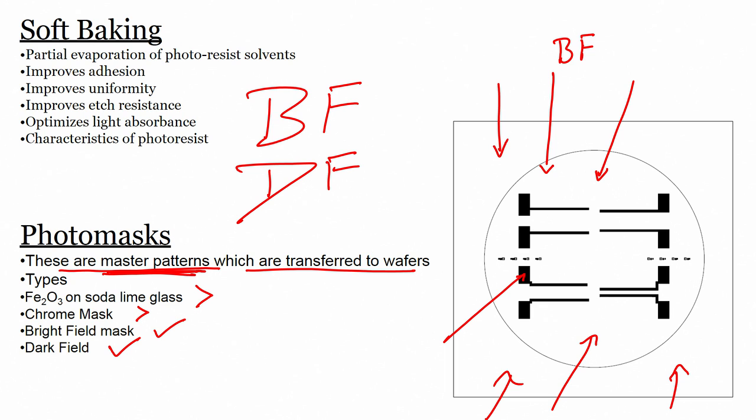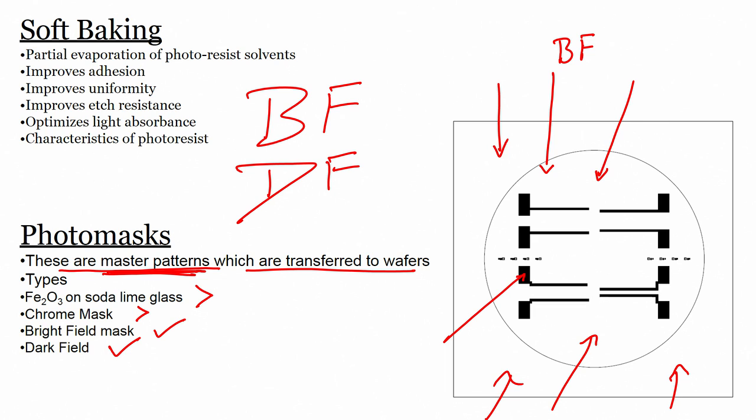So, for now let us understand what we have seen. We have seen that we can perform photolithography using photoresist, and then we have seen the types of photoresist, then how we can inspect the wafer, then why soft baking is helpful and how it is helpful, and finally what the photo mask is.